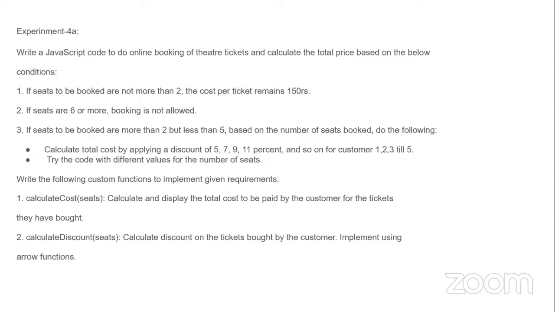So how do you define a function? A function is a block of code that is written to perform a particular task. For example, if you write a function add, that function is solely responsible for performing addition operations. If you write subtract, that function is going to do only the subtraction operation.